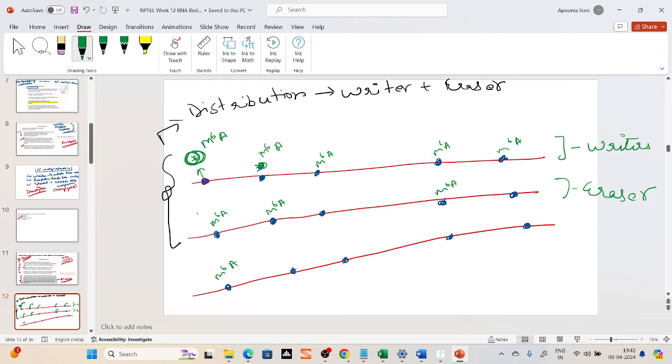And these are the places where modification has actually been done. Okay. Writers have come, they have added the modifications. Erasers came, they removed the modifications from places they did not want. Now what is the next step?